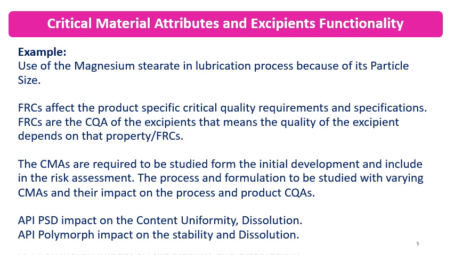That's why magnesium stearate is available in the normal grade and also in the micronized grade. The particle size affects its surface area, so particle size and surface area are two important CMAs.